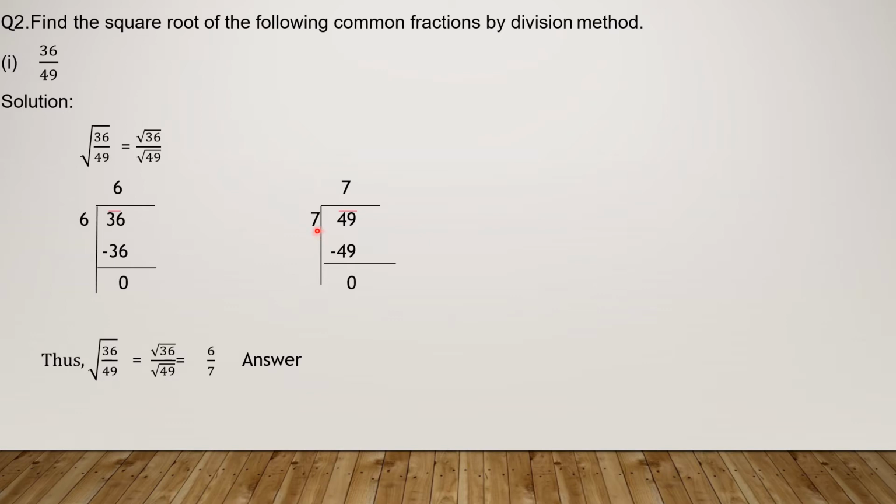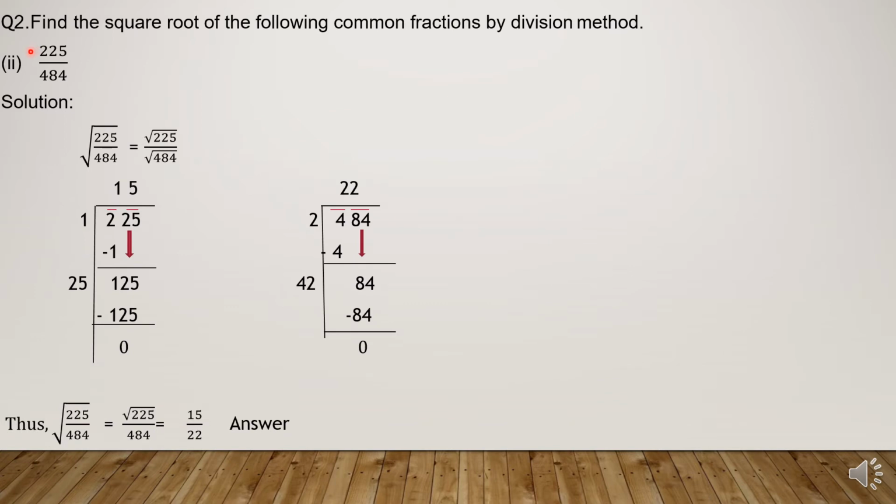So 7 will multiply with itself. 7 sevens are 49, and subtracting we get 0. So the square root of 49 is 7. Again we will rewrite this complete question: the square root of 36 is 6 and the square root of 49 is 7. So our answer is 6 by 7.